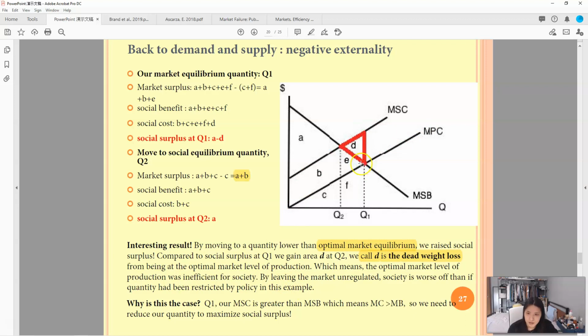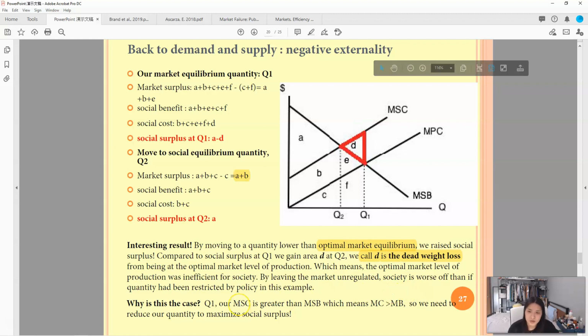And at the market optimal level, we can call this market unregulated. And when we control the quantity produced, decreasing the quantity from Q1 to Q2, we can say society is better off.